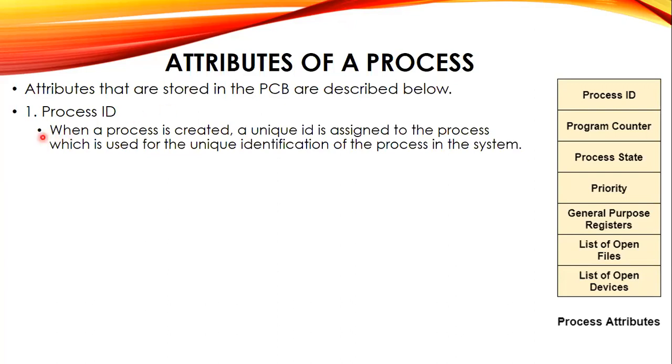So when a process is created, a unique ID is assigned to it, which is used for the unique identification of the process in the system. By checking this ID, the devices or the operating system can understand which process we are talking about. That is the first one.